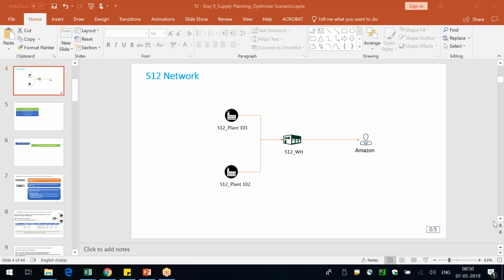But today I'm just putting up a scenario, because yesterday what we did is we picked up a key figure, maintained a value in the key figure, ran the supply planning algorithms, and saw the results. But here I'm putting up a scenario showing how a particular key figure will impact the entire supply chain network itself. I think some we have covered already in the system, but let me know if you want me to cover anything in particular.